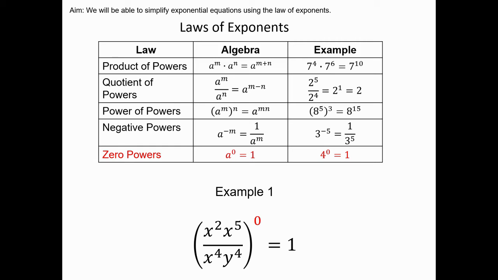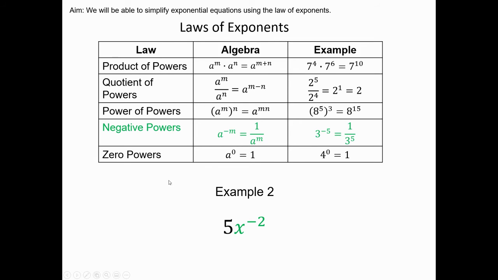Let's try example 2, 5x to the negative 2. I can't do anything with the 5 and the x, but I'm seeing a negative in the exponent. So we're clearly dealing with negative powers. And notice only x has a negative exponent. 5 is completely clean. In fact, what is 5's exponent? It's 1, but we don't have to worry about that.